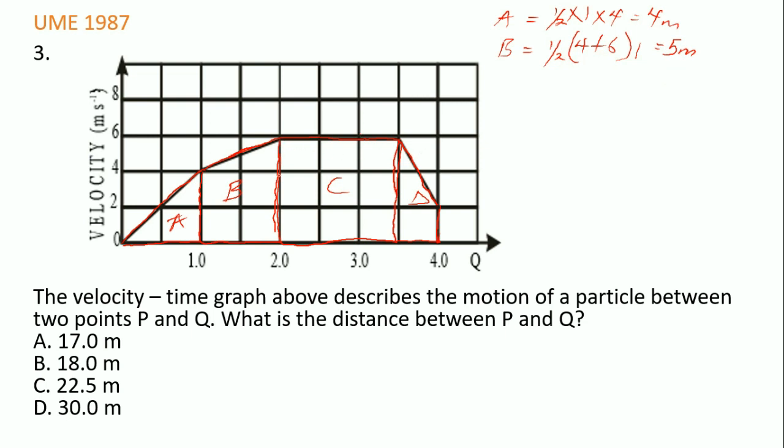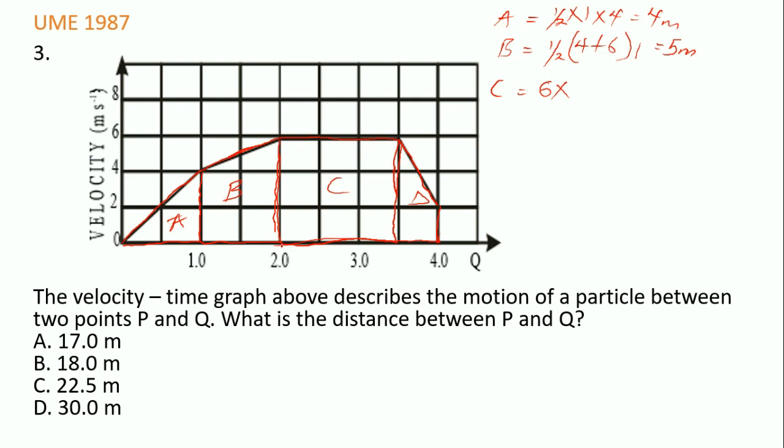Now C is a rectangle, so that is just going to be from here to here, the height is 6, so for C that will be length times breadth. The length is 6, 6 times the breadth.